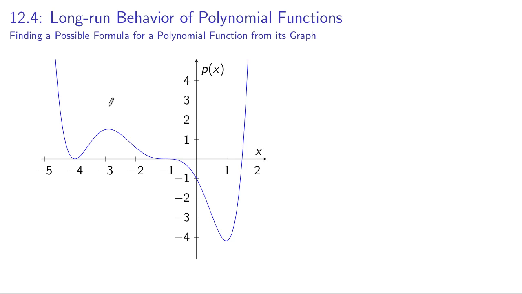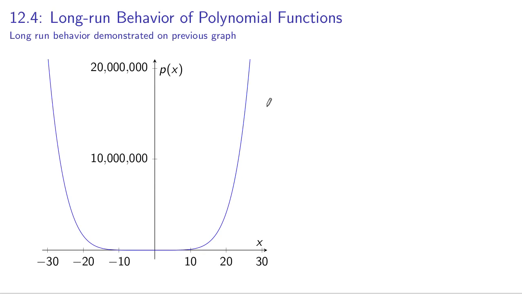For instance, suppose we need to find the polynomial function for this graph in blue. Well, the overall shape of this graph is up and up, so we'll have an even power. That'll be our long-run behavior. In fact, we can zoom ahead a slide, and here's what the long-run behavior is going to look like for that polynomial.